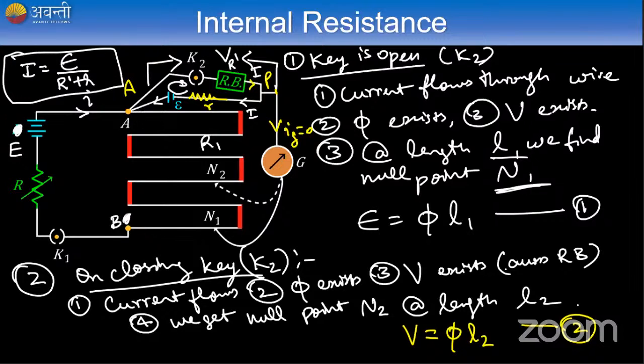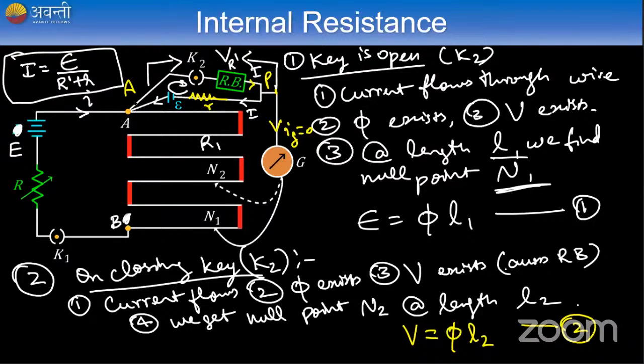Are you getting this? By applying Ohm's law to this loop, I get I is equal to epsilon by R plus R dash. Please give confirmation, guys. If you have doubts, please ask me.